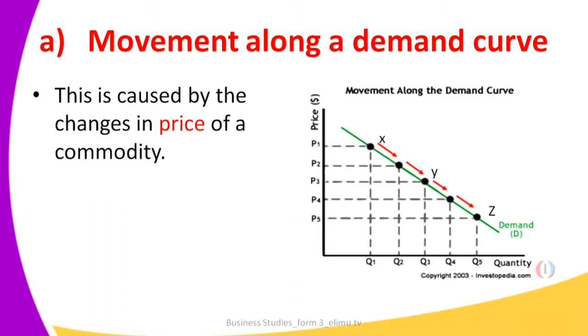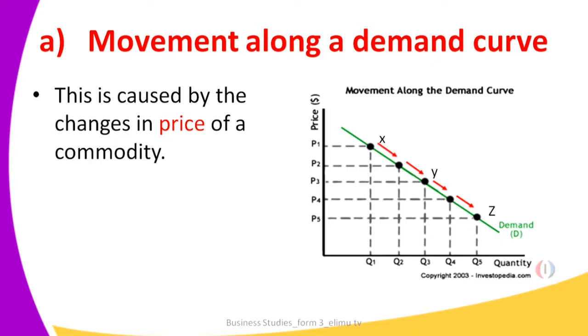Let's now look at our diagram there, and we are going to start from where we have P3. Let's say now our product is retailing at a price P3, and if the present price is P3, the quantity that is being demanded is Q3. Now, let's say for instance it happens that the price increases. When we talk increasing, it goes up.